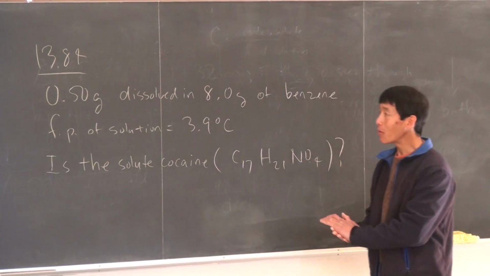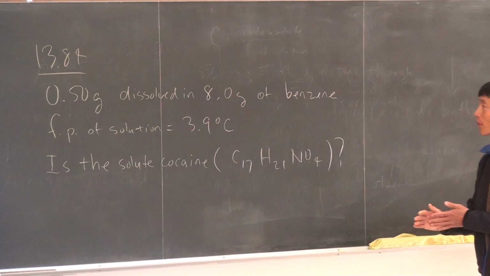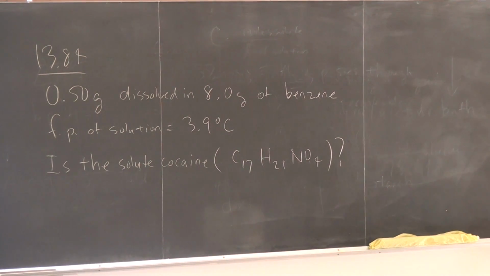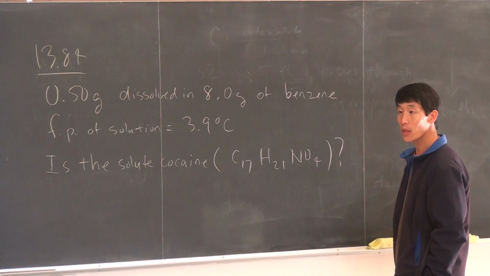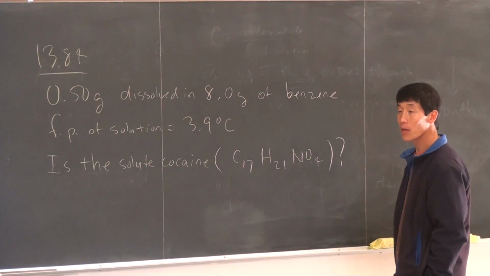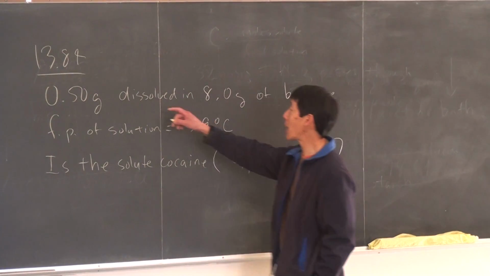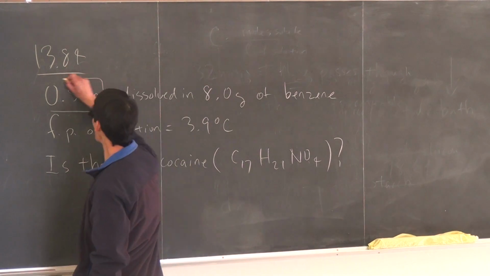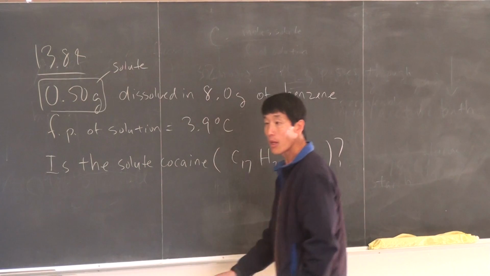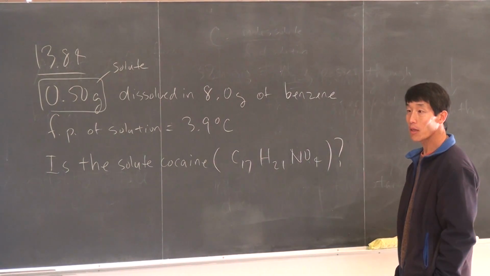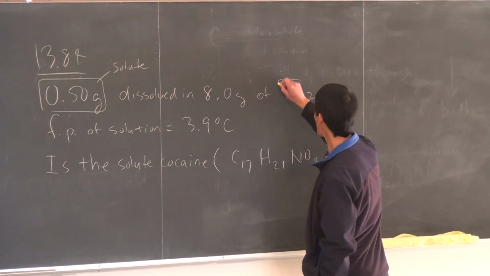Okay, so what would be your problem-solving method to solve this problem? Identify the solvent and solute. So you can identify that your white substance is a solute, right? So this 0.5 grams is the solute, and the solvent is the benzene.